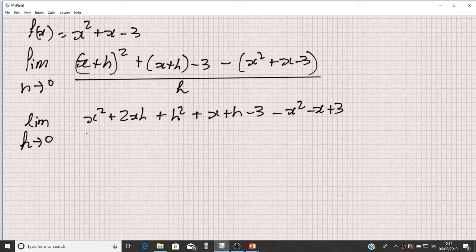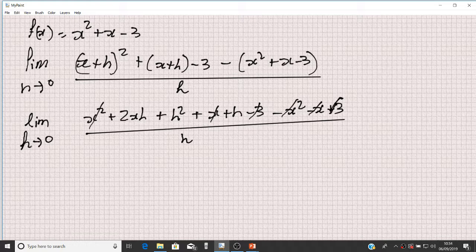And all of that is divided by h. And again, here we see some cancellation. So we have the x squared cancelling x squared. We've 2xh plus h squared. We've positive x and negative x. And we have a positive h there. We have a negative 3 and a positive 3.